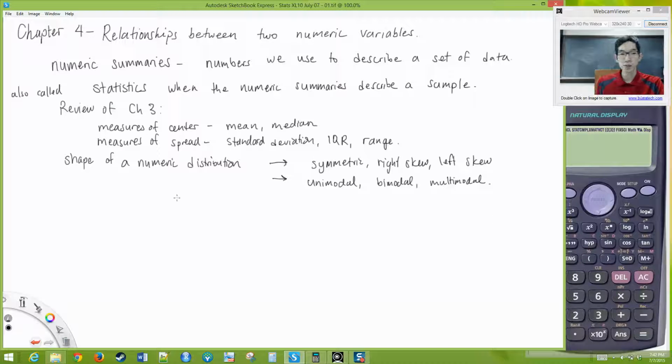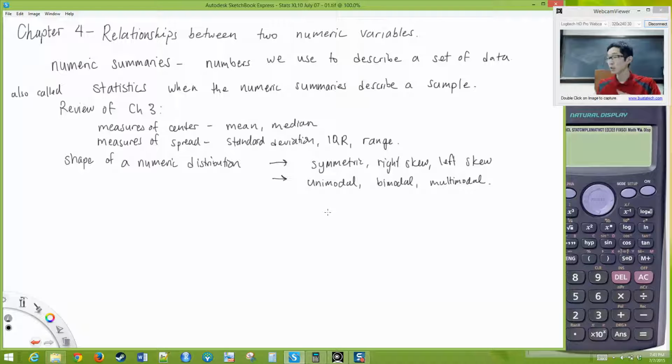Okay, so now that we know how to describe one numeric variable, which is what we learned in Chapter 3, today we're going to learn how to describe two numeric variables and a relationship between two numeric variables. Okay, so it's not like describing one thing and then you just take another thing and you describe the other thing. Okay, we're going to look at two things together and we're going to try to describe the relationship between these two things.